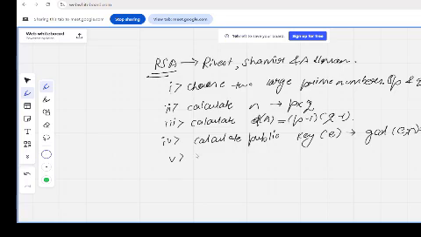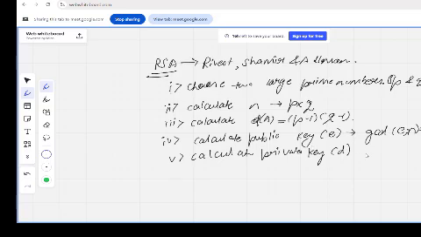Now after calculating the public key, we will calculate the private key. The private key is denoted by small d. And how will we calculate d?